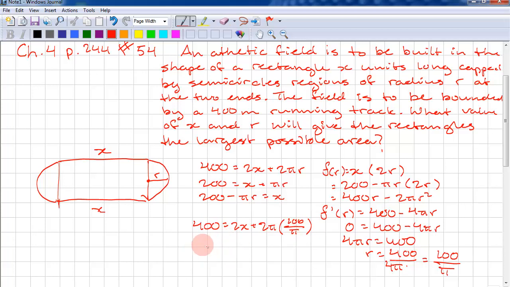And then we solve for x. So 400 equals 2x plus 200 pi over pi. So that's 200 equals x plus 100. So x equals 100.